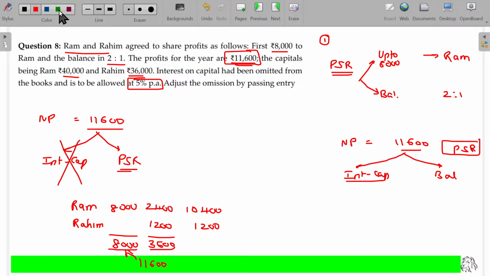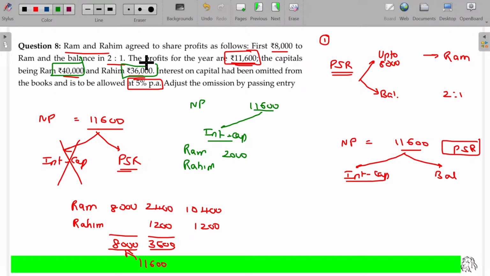Then what is the correct one? Net profit being 11,600. First you have to offer their interest on capital, Ram and Rahim. Ram's capital being 40,000, for that 5% being 2,000.